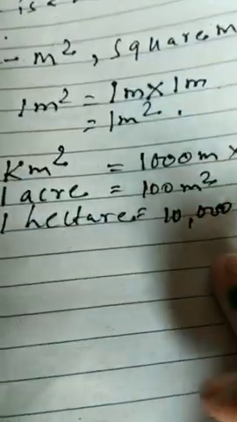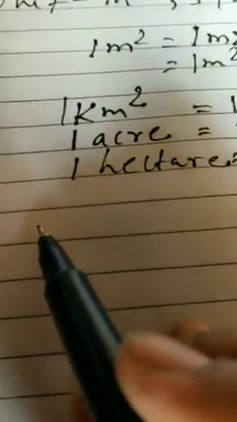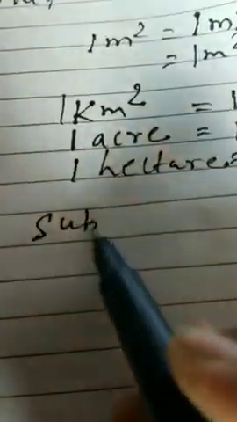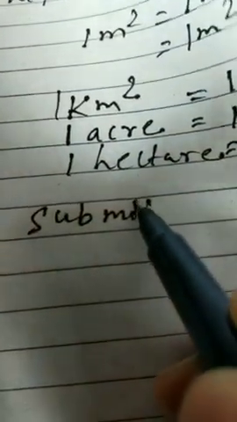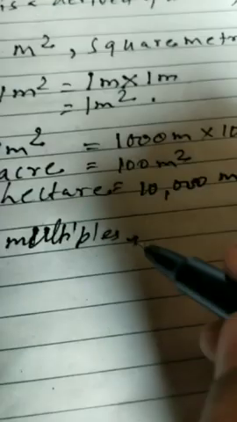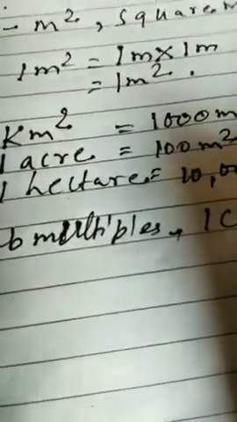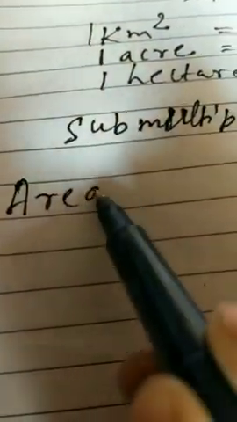And for measuring smaller areas, we use submultiples, like 1 centimeter square or 1 millimeter square. Now, you will see how to measure area of regular surfaces.